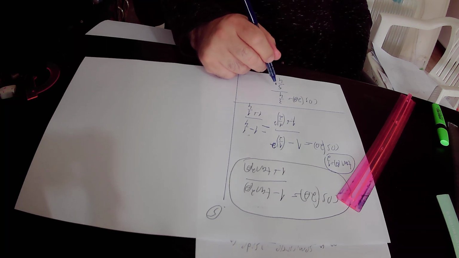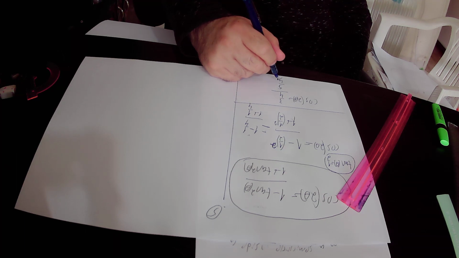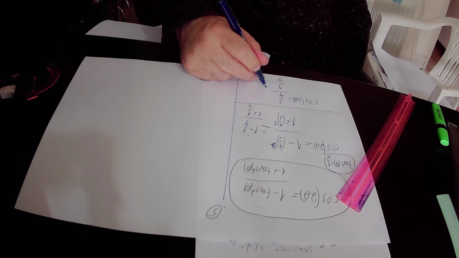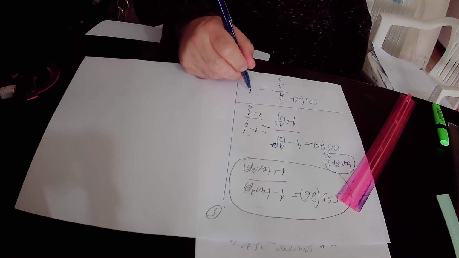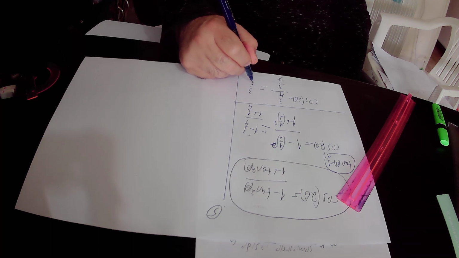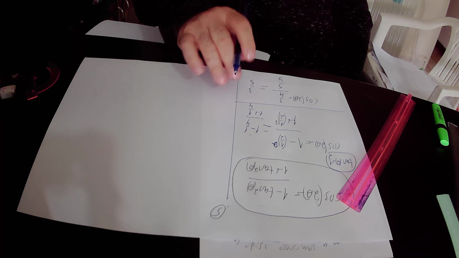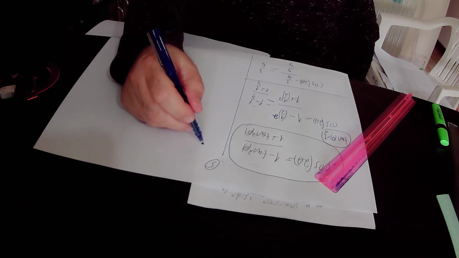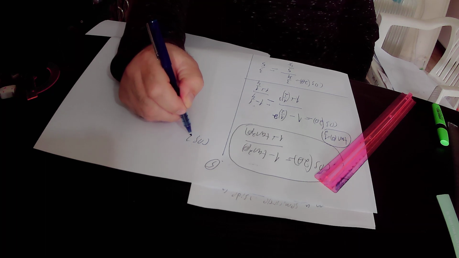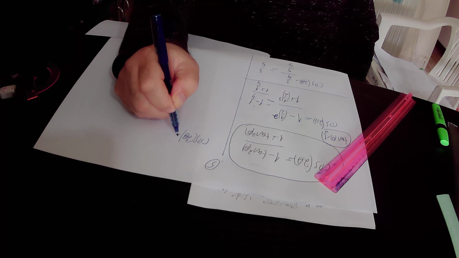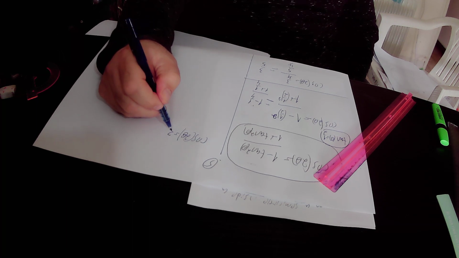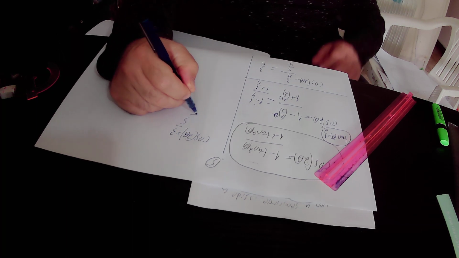Here we have 4 in the numerator and 4 in the denominator, so 4 will get cancelled, and we are left only with 3/5. That is to say, we found out that cosine 2 theta equals to 3/5.